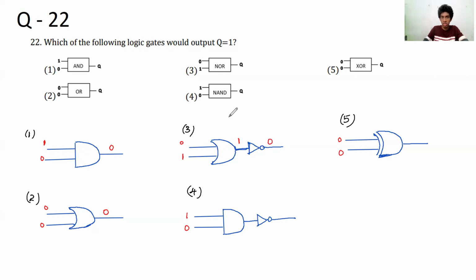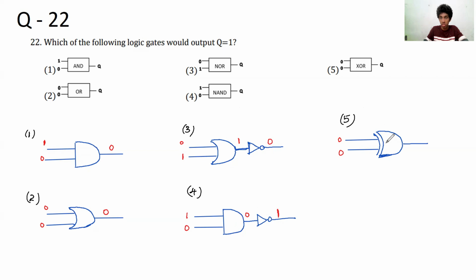The fourth one, it's a NAND gate. A NAND gate consists of an AND gate followed by a NOT gate. So here at the AND gate, as one input is 0, the output will be 0, and the NOT gate will make the output 1. And the fifth one is an XOR gate.